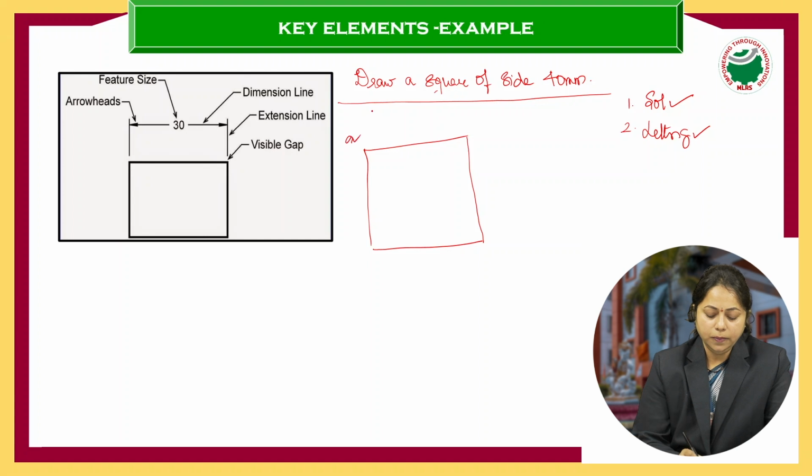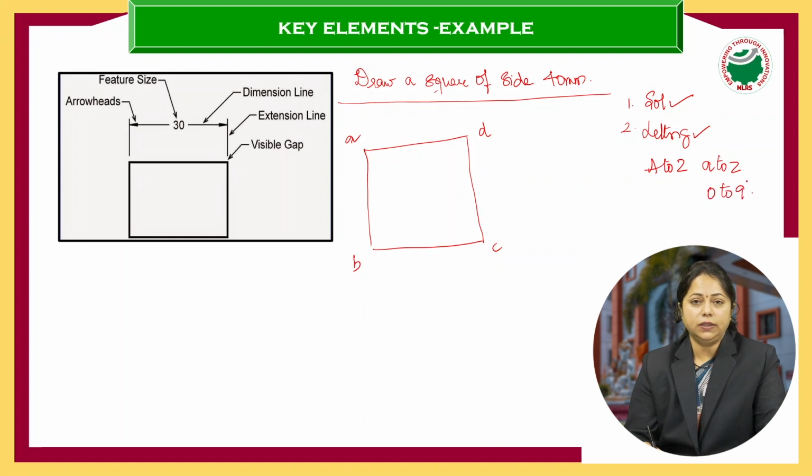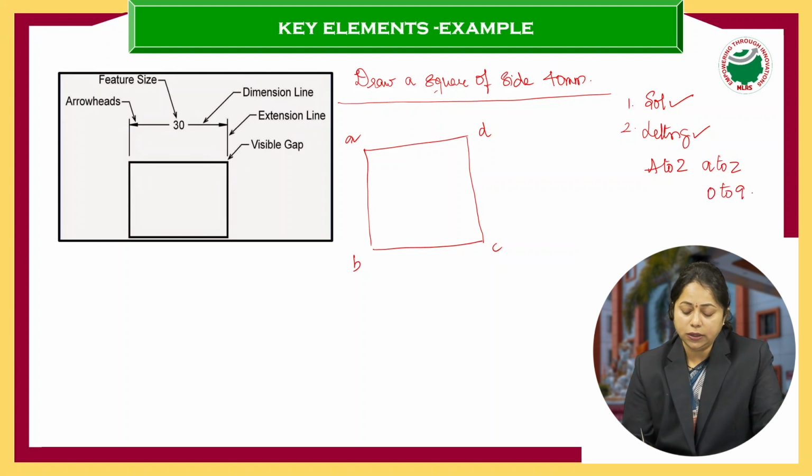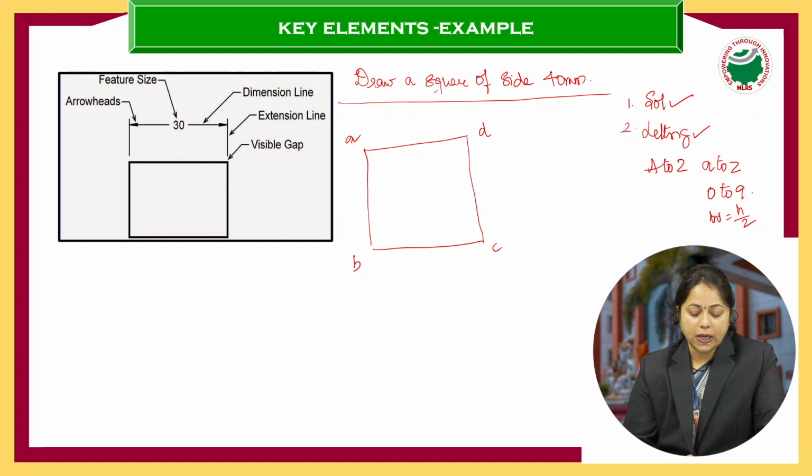So A, B, C, D. In general, you can use uppercase letters A to Z or lowercase letters A to Z and numbers 0 to 9 in lettering as per the standards mentioned earlier, where width is equal to half of height, right? The lettering is done.